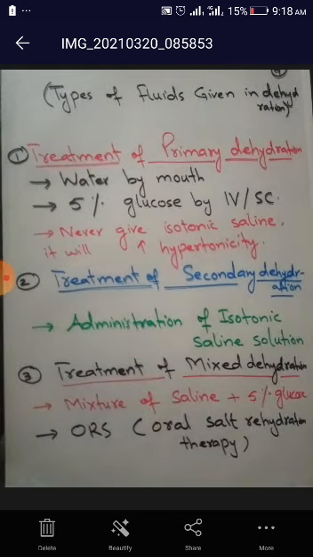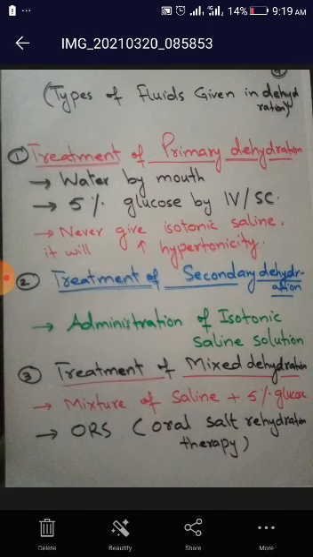Treatment of mixed dehydration. In mixed dehydration, as you know, there is loss of salt and water, so we will replenish both things. ORS is a very common solution that is used at home, in all homes, and you might have noticed in your daily life that children, adults, or old age persons suffering from dehydration are given ORS solution, also known as Nimcol solution in common language.